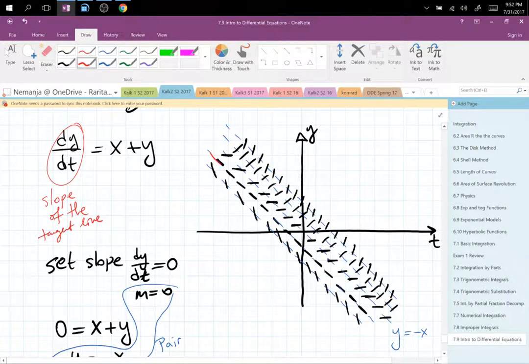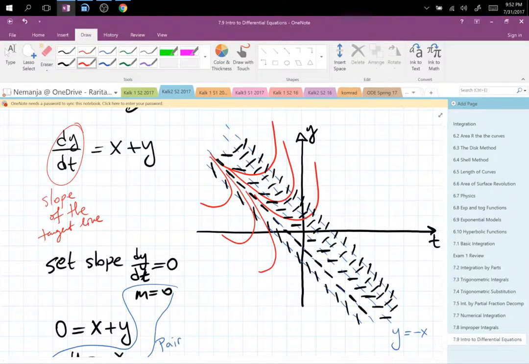So without drawing 5,000 of these, the general solutions must do this. That's how they're going to look once you complete the field. Because the further away you are from this -1 isocline, they're going to curve more because the slope goes 1, 2, 3, 4, 5, 6, and they all go towards being vertical.